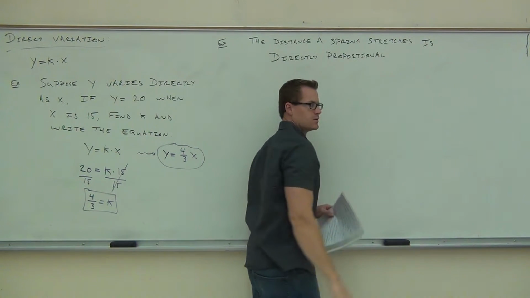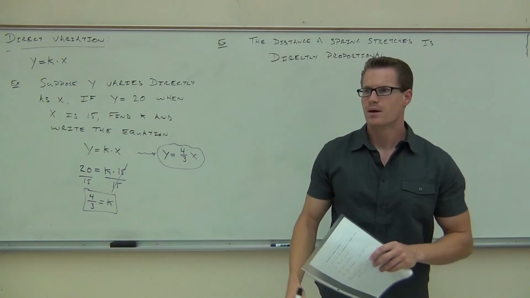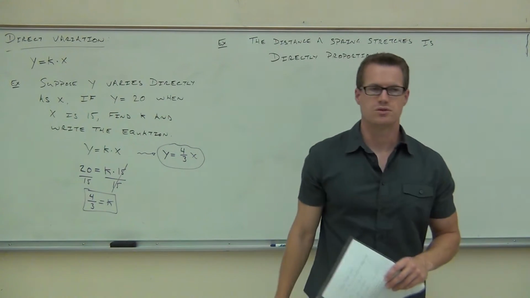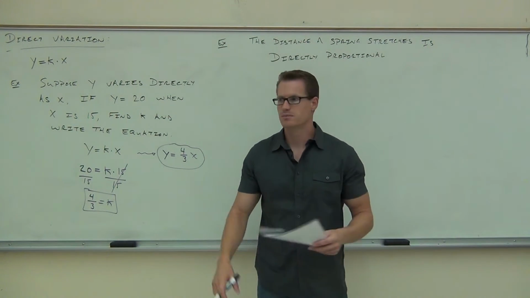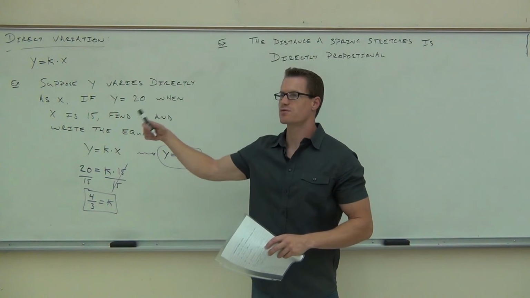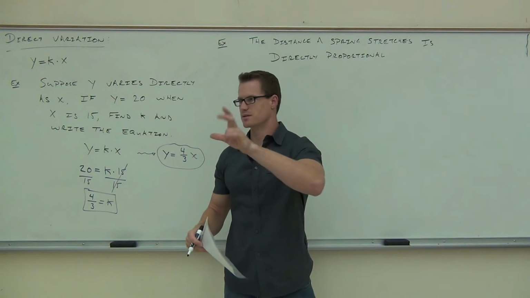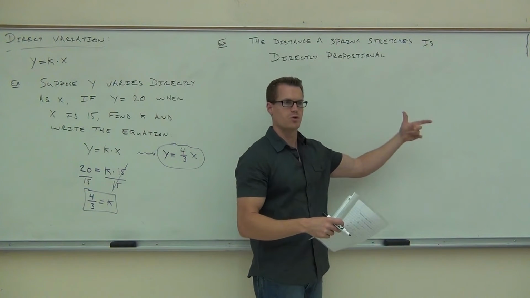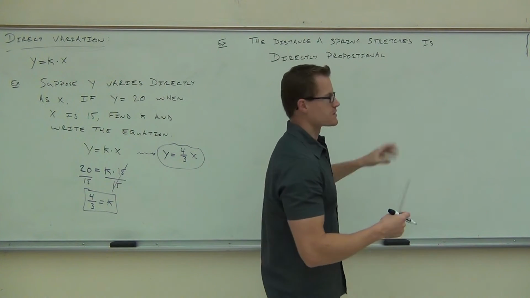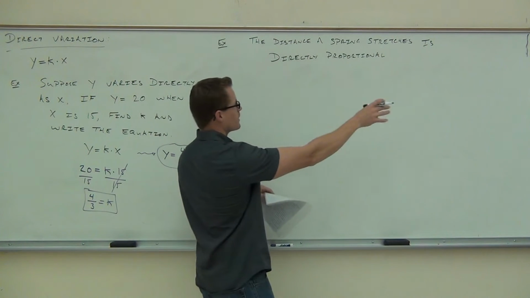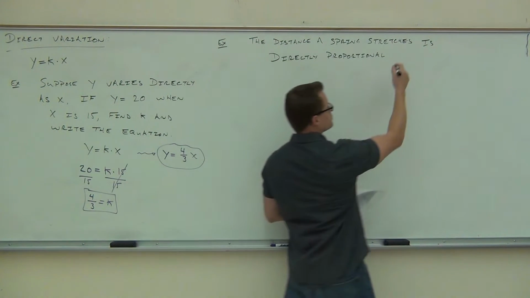What's that mean? What's the key word in directly proportional? Directly, that's it. It's the same thing as varies directly, so that's a different way to say varies directly or directly proportional. The key word is really direct in this case, okay? So even if you see directly proportional, we mean varies directly. So the distance a spring stretches is directly proportional to the weight attached.